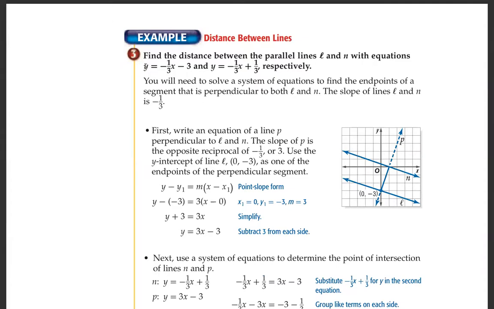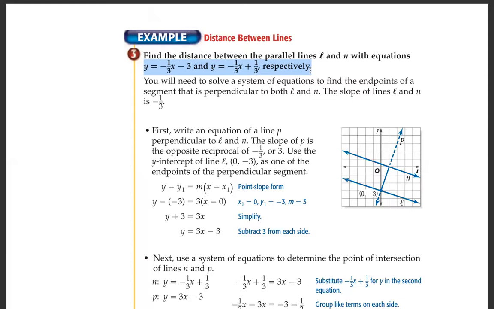Let's verify if these lines are parallel, because there is a unique distance only between lines that are parallel. If the lines are not parallel, you cannot have a distinct distance that separates the two lines, because at some point they're going to meet.